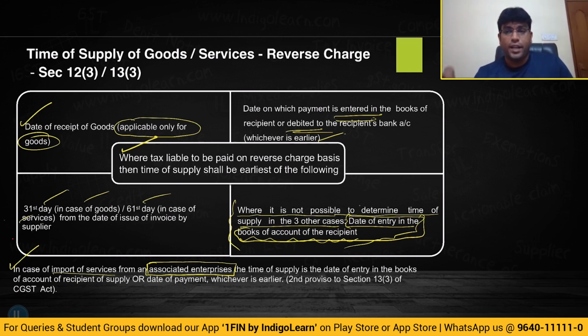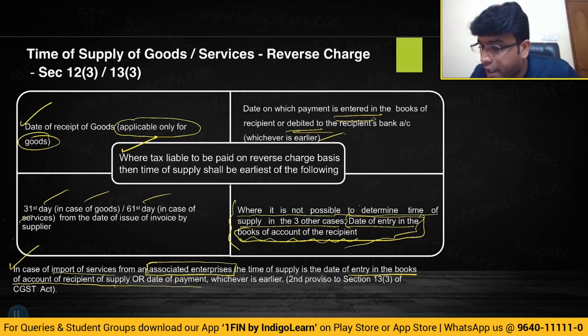One person who is directly or indirectly able to have control or management or capital of the other enterprise is there in direct tax. In fact, GST also says, please refer to income tax. Come on. In case of import of services from an associated enterprise, the time of supply will be date of what, sir? Entry in the books of accounts of recipient, or date of payment, whichever is earlier.